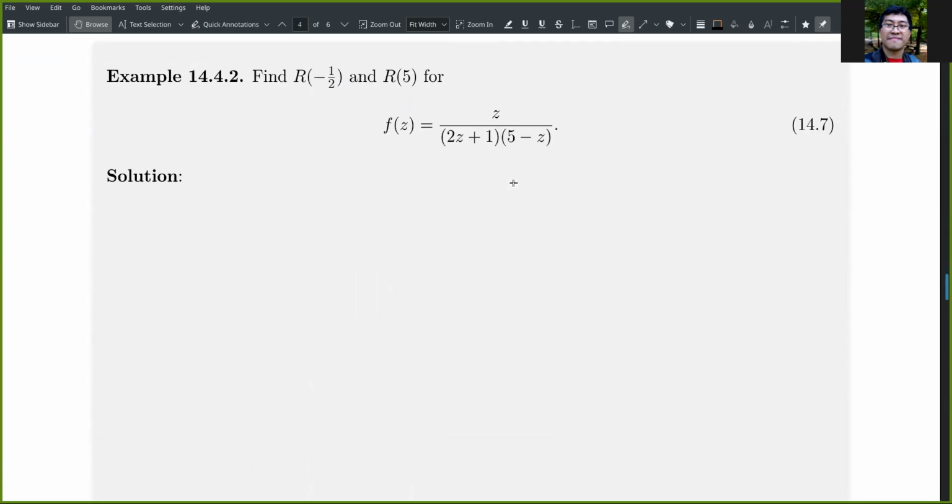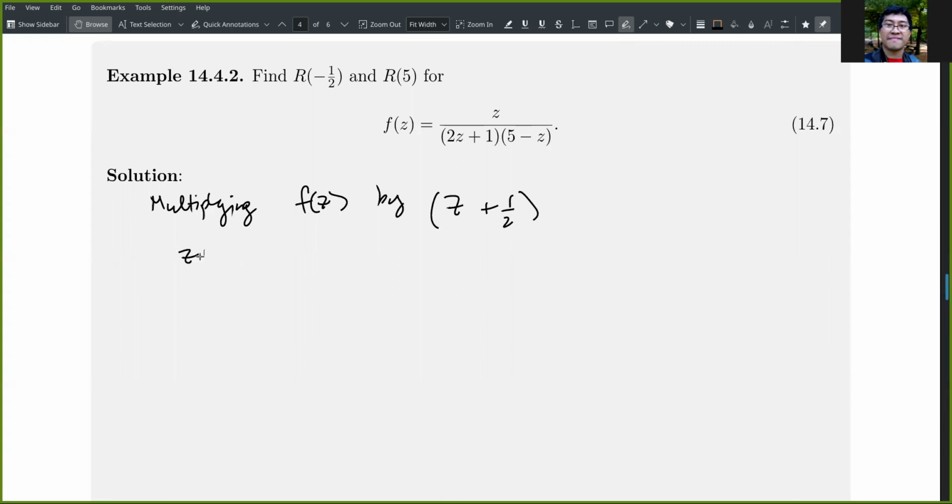Example: find the residue at minus 1/2 and at 5 for this function. First step, we multiply f(z) by z plus 1 half.